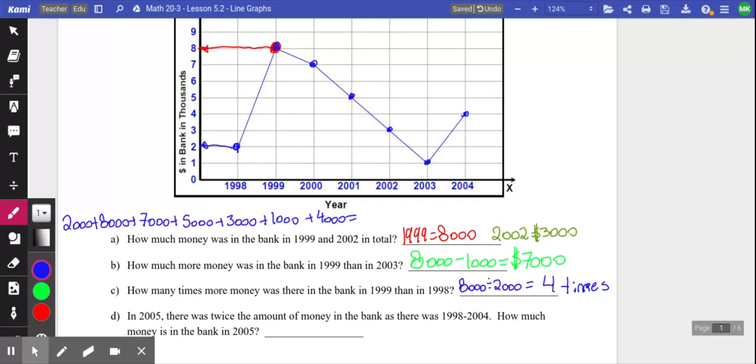That would give you the total amount of money in all those years. It's 30,000 total.